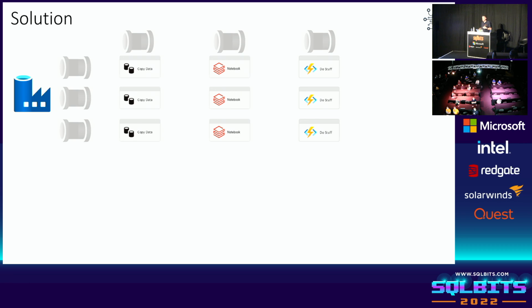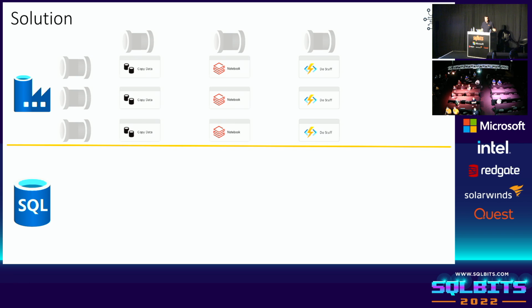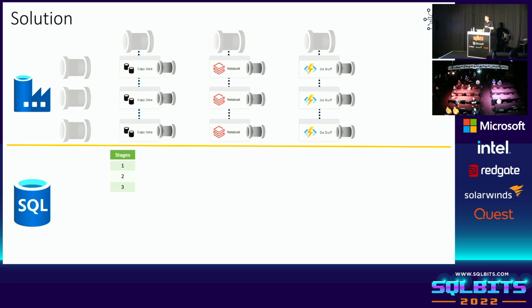We need to structure them. We need to join them together in some way. We bring in our metadata and we introduce the idea of execution stages. And when I say execution stages, I mean for those vertical boundaries that I described with this dependency chain. I call those stages 1, 2, and 3.